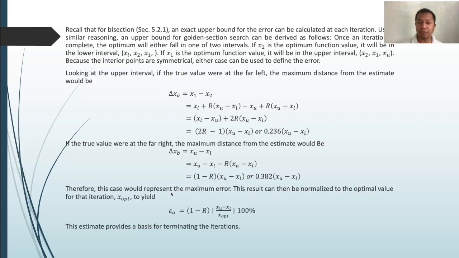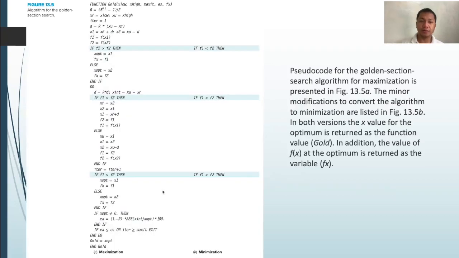This result can be normalized to the optimal value for the iteration, xopt, to yield epsilon a equal to 1 minus R times the absolute value of xu minus xl over xopt, times 100. This estimate provides a basis for terminating the iteration.